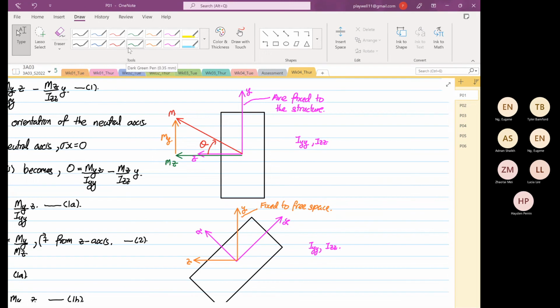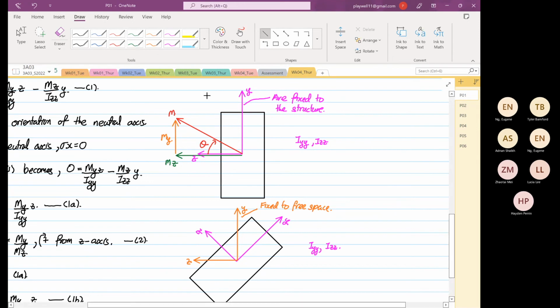Then from here, we are going to have a neutral axis. Okay, I'm going to draw a neutral axis. So if this is our neutral axis, this is our orientation of our neutral axis. Our neutral axis will then be anti-clockwise from Z again, and this is our phi. Okay, and at this point over here, we have a z coordinate and a y coordinate.